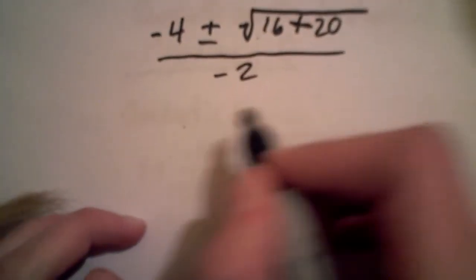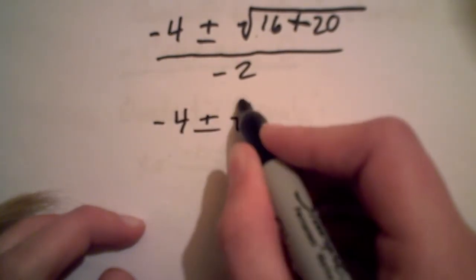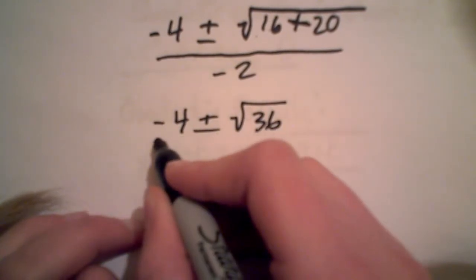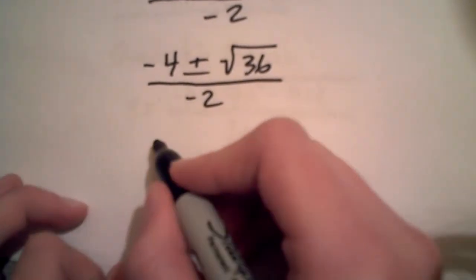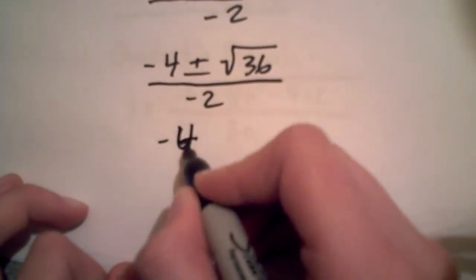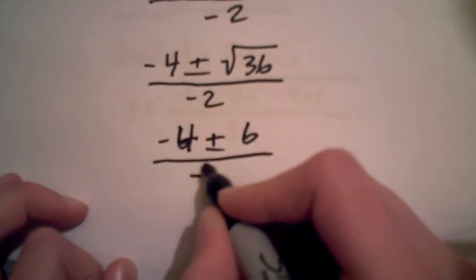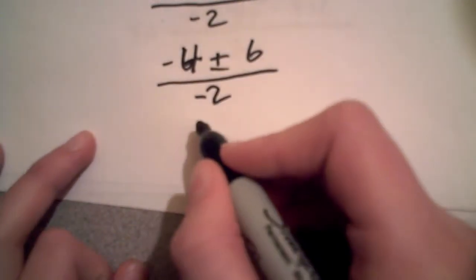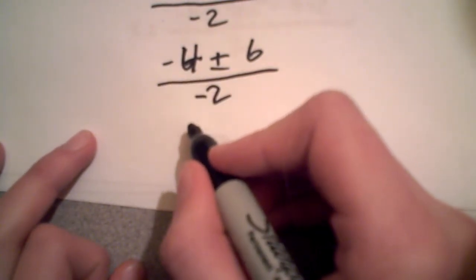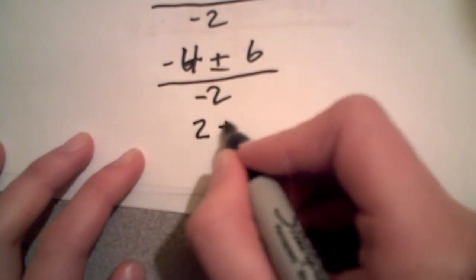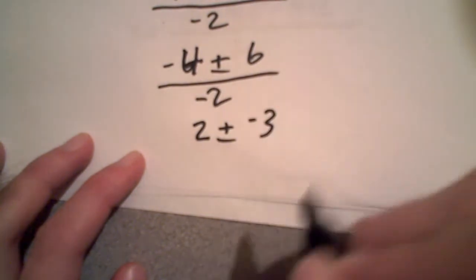So, negative 4 plus or minus the square root of 36 divided by negative 2. The square root of 36 is 6, so negative 4 plus or minus 6 divided by negative 2. And then negative 4 divided by negative 2 is positive 2, plus or minus negative 3.